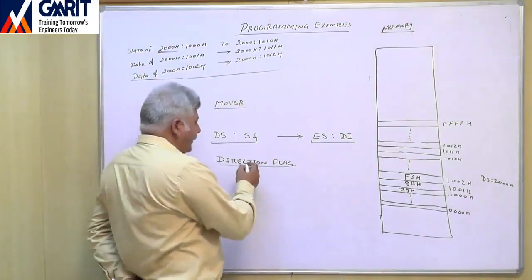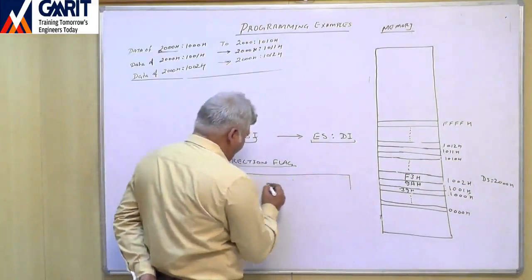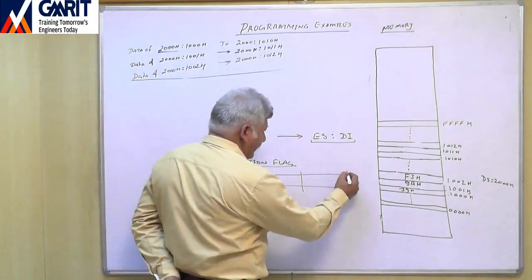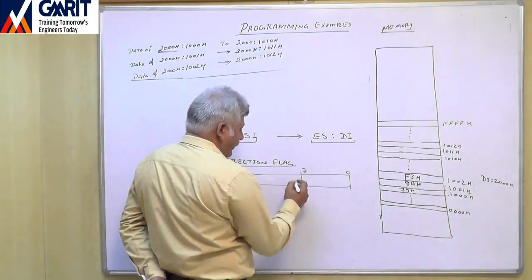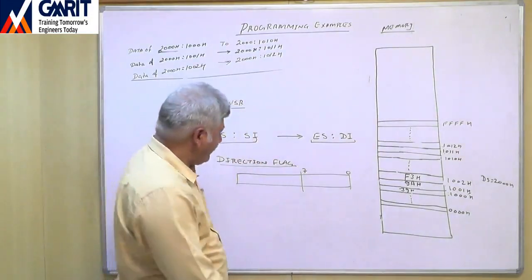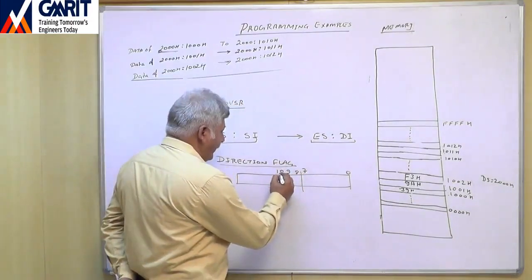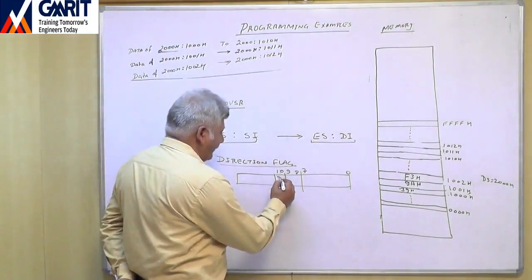If you remember, in the flag register, the first 8 bits, bits 0 to 7, are used for status flags. After this come bit numbers 8, 9 and 10. At bit number 10, we have the direction flag, right?